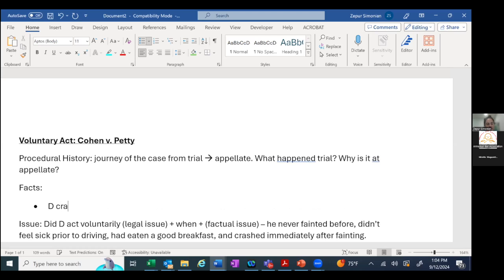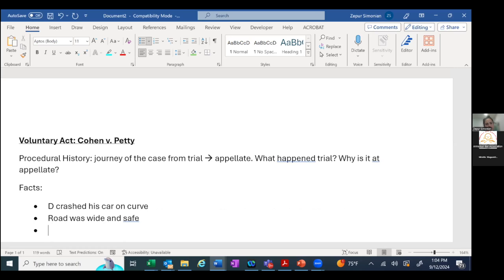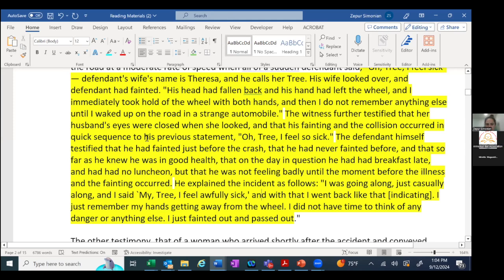D crashed his car on a curve. The road was wide and safe. You could give any amount of detail that you want. Most of this should be in the facts.